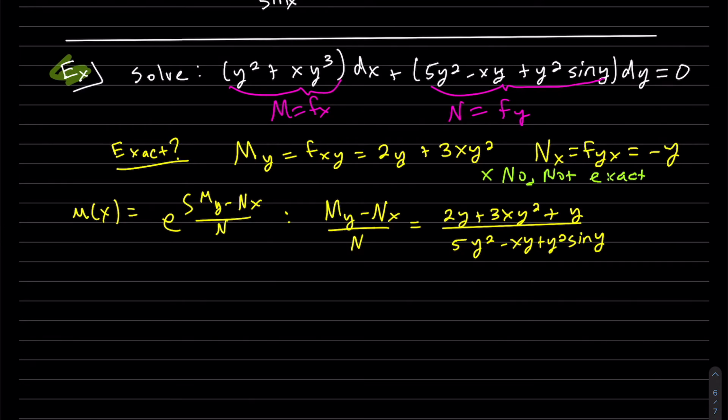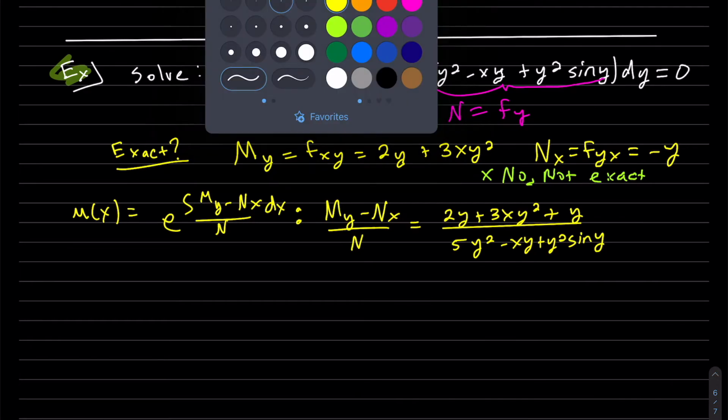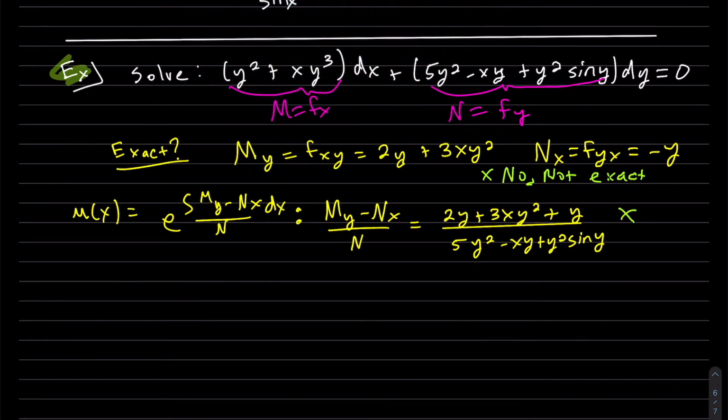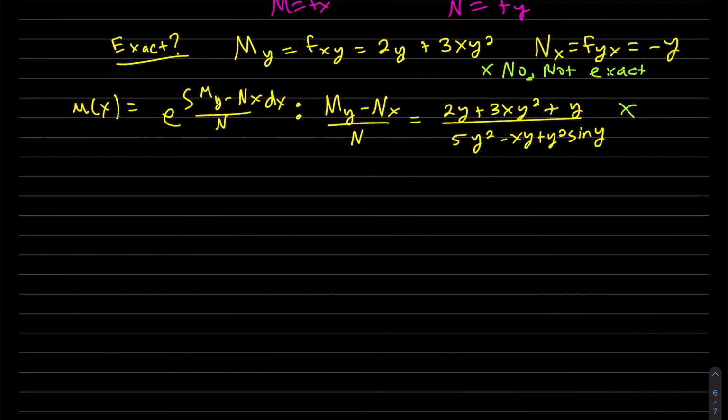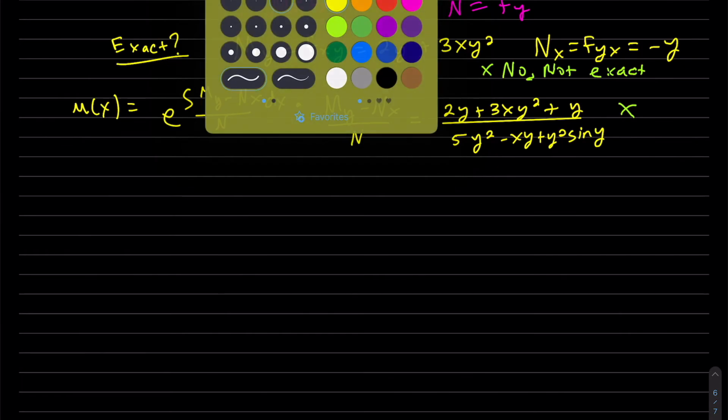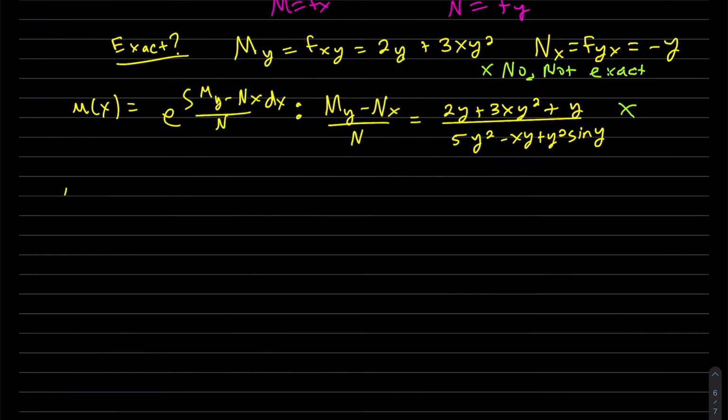And we would have to integrate this dx, and since it's in terms of x's and y, this is not going to work. There's no partial integrations. So that means we have to use, I told you this might be the case. That's why I give you both formulas.